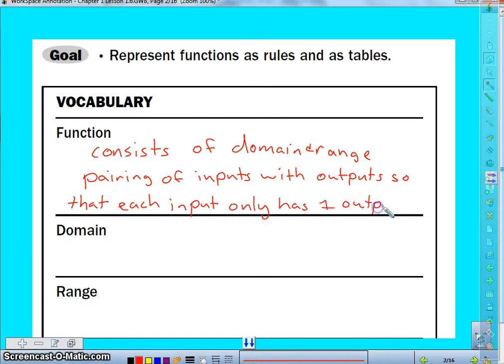And I promise that will make more sense here in just a little bit. But we need to talk about what our inputs and outputs are.